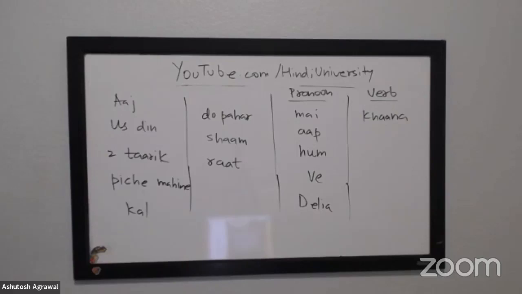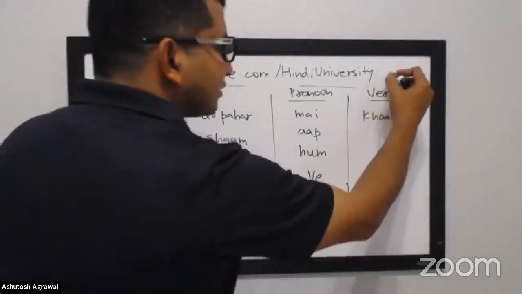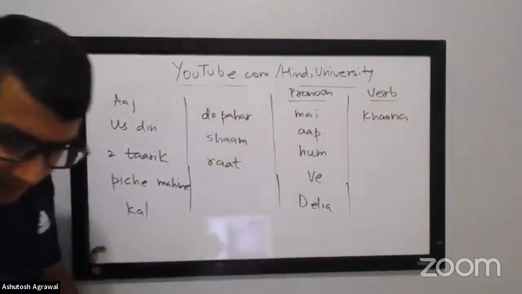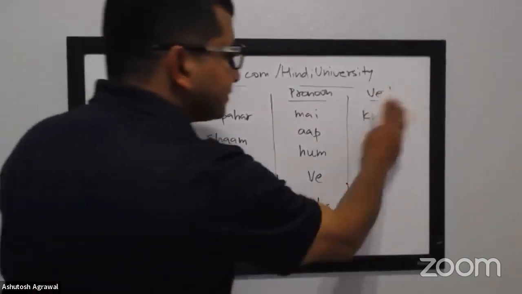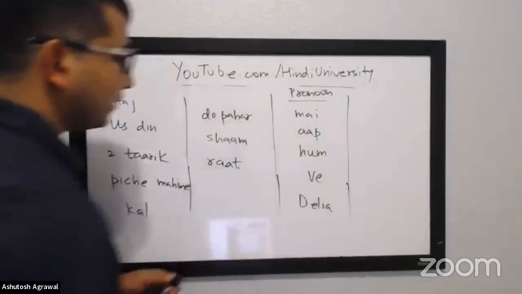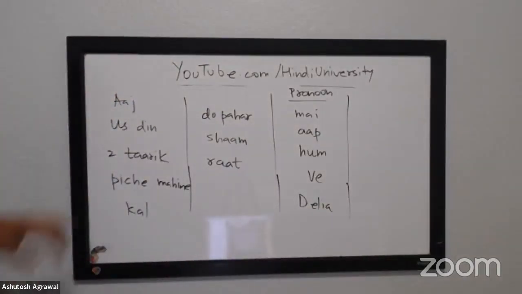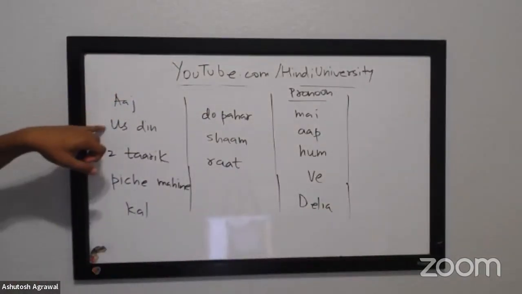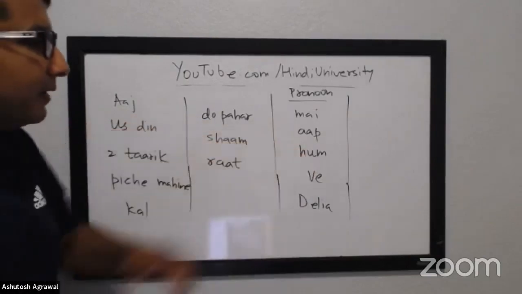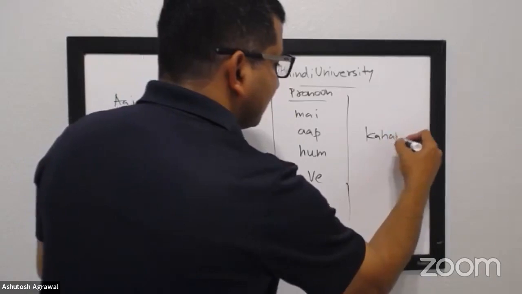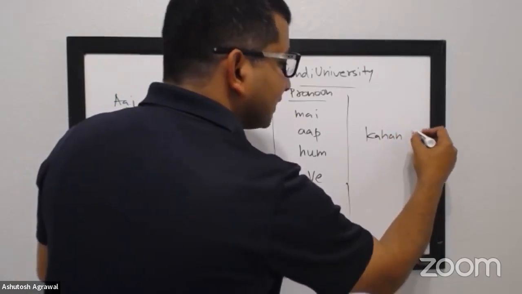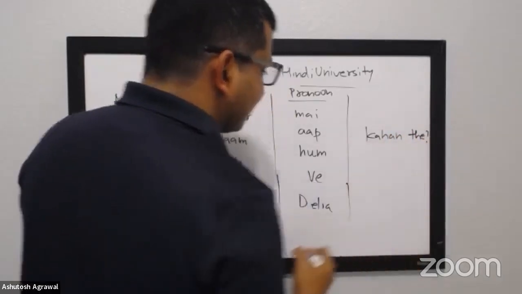So the response would be, as a response you can, actually, let me remove this last column because then it becomes the response. Let's say I'm going to give an example. उस दिन दोपहर को आप, the question could be आप कहाँ थे. उस दिन दोपहर को आप कहाँ थे.